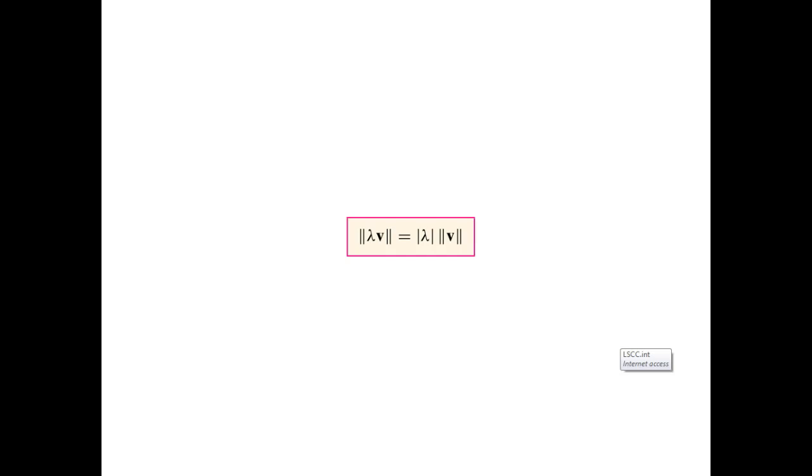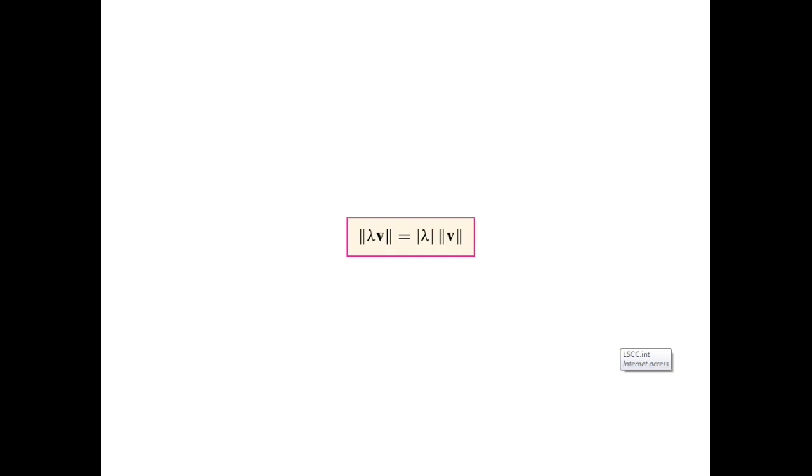So if you multiply a vector v times lambda, now remember that lambda, there's no limit on it. It could be a decimal number, a fractional number, a whole number. It could be anything. It can even be a negative number. Okay? If it were negative, that would change the direction of that vector v.